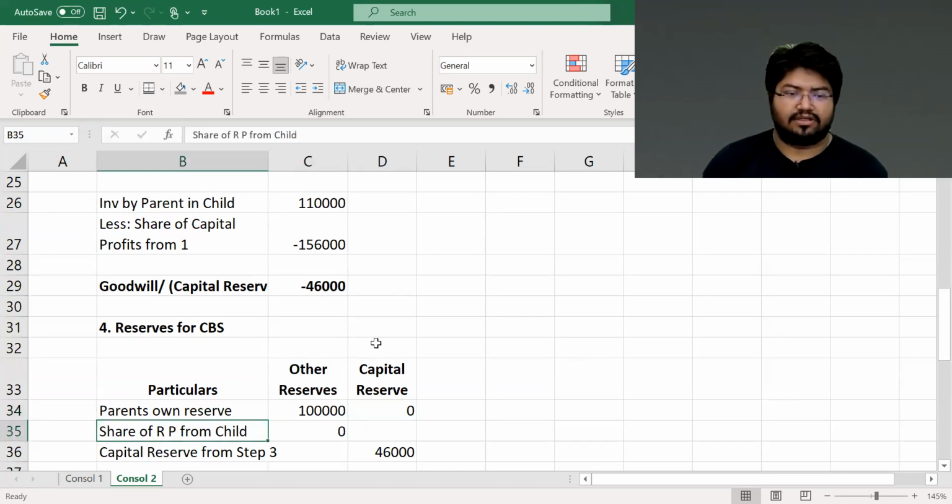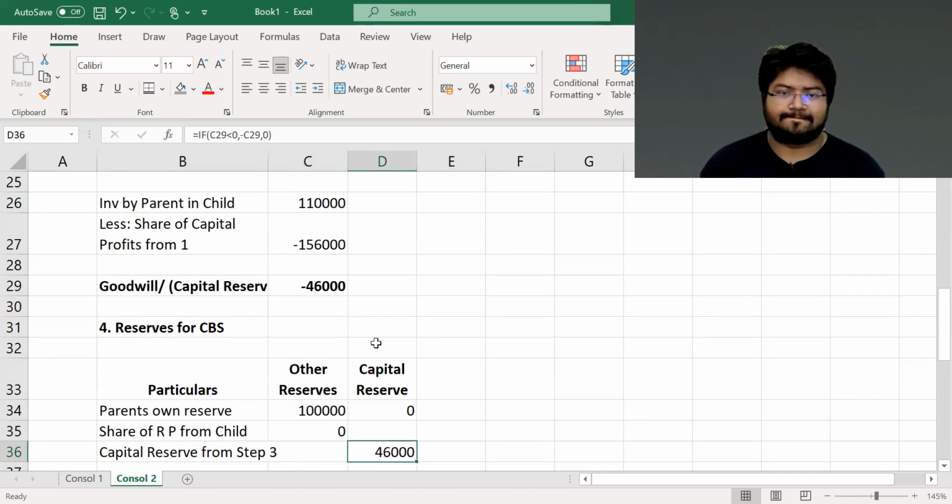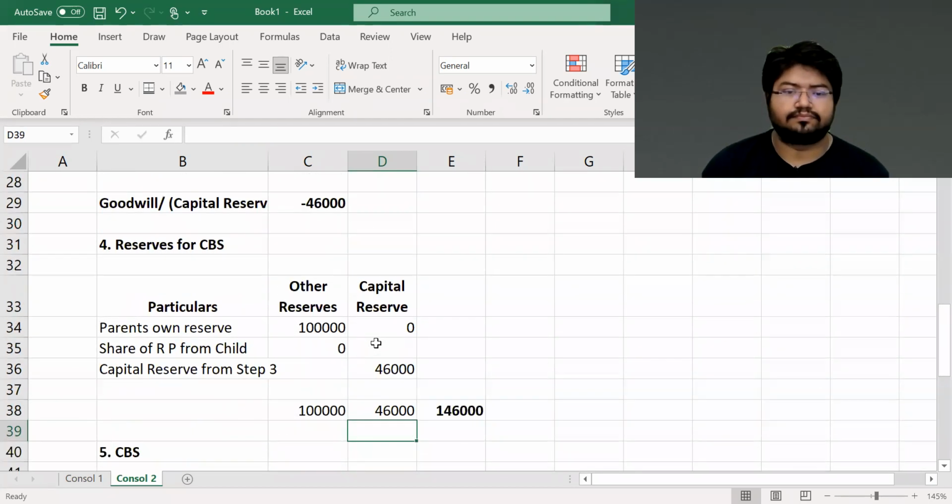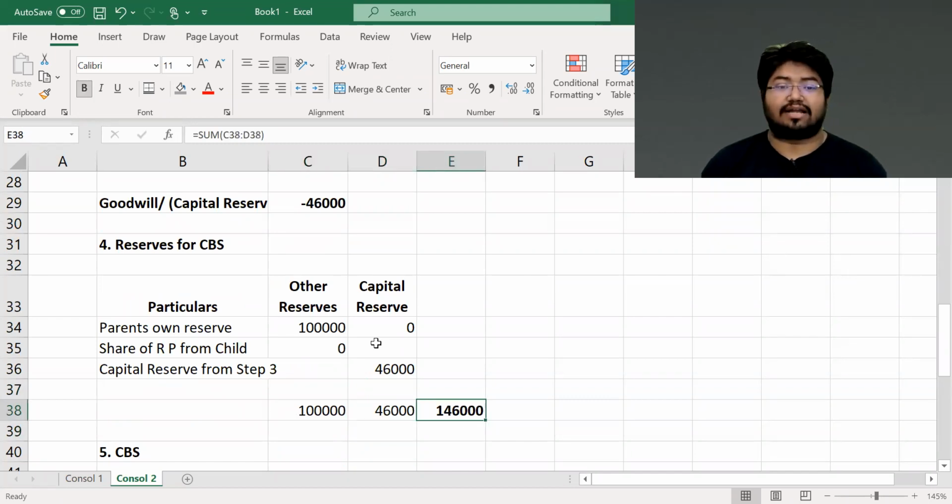Leave it off. Share of revenue profits from child is 0. Capital reserve from step 3 is 46,000. So all put together, your reserves for CBS is 1,46,000.